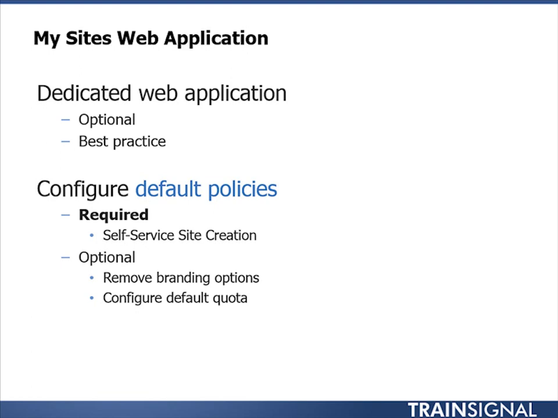In addition, at the web application level, there's an awful lot of defaults that I have the ability to configure. I have the ability to go in through the user permissions and remove branding options. Whenever a user sets up their My Site, they automatically become an SCA of their My Site, meaning they could do whatever they wanted and go in and change the color scheme.